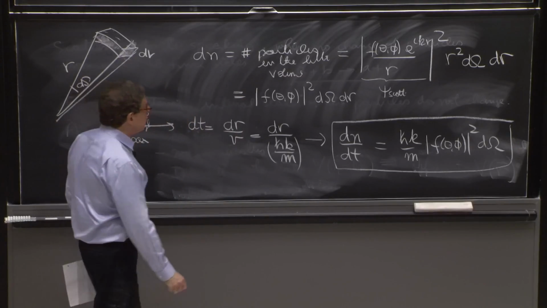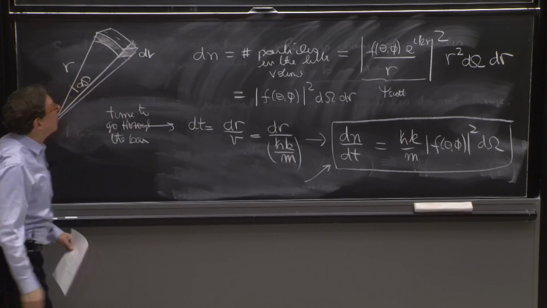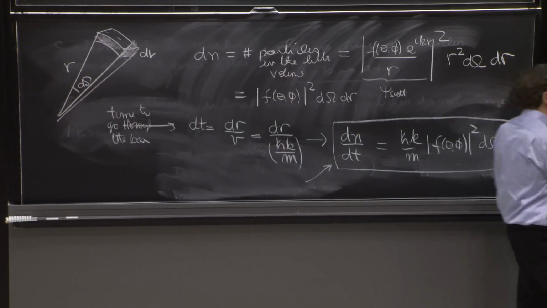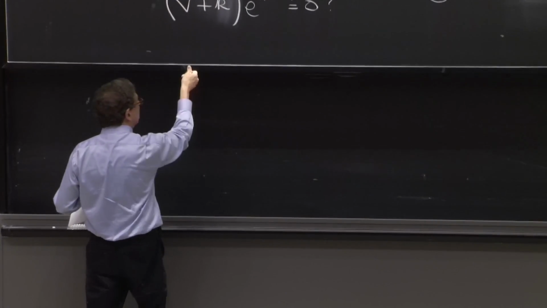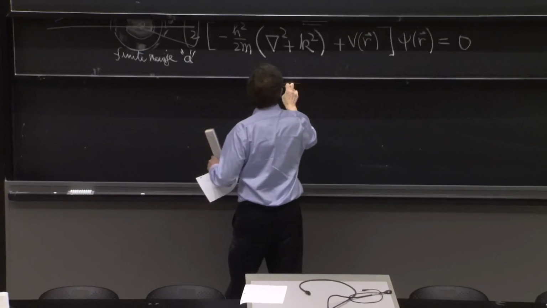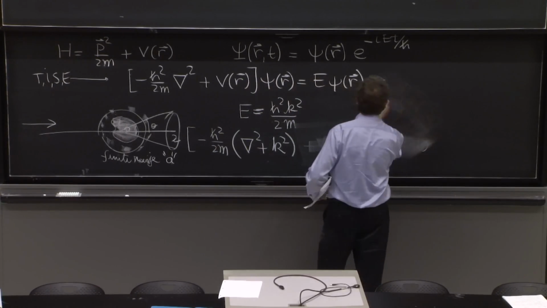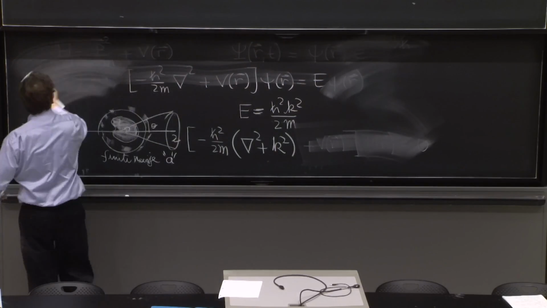So this is the numerator of that equation for the d sigma. So let's finish that. We finally are going to get our identification. What do we get?